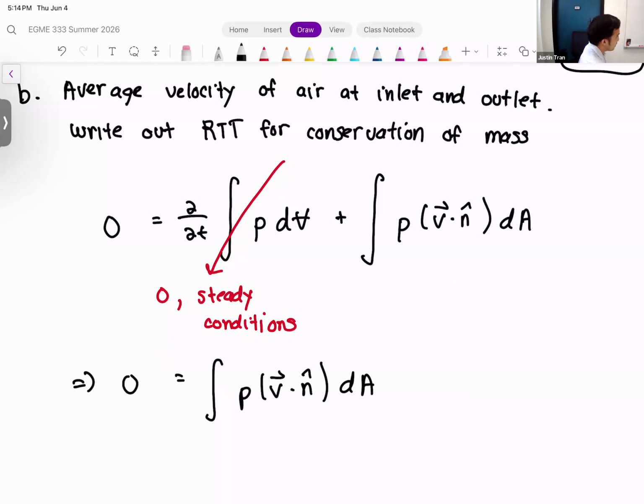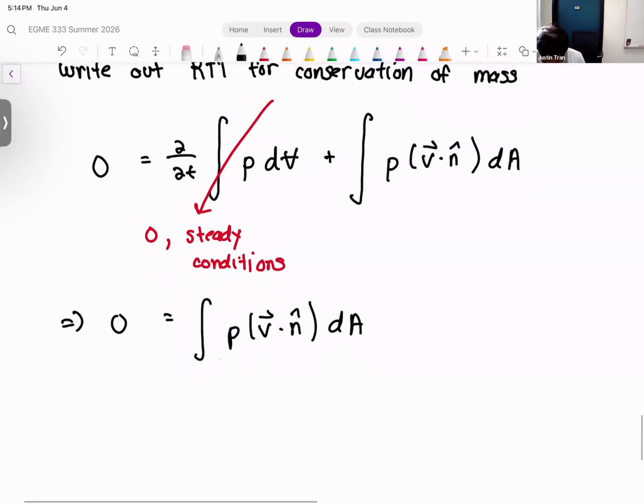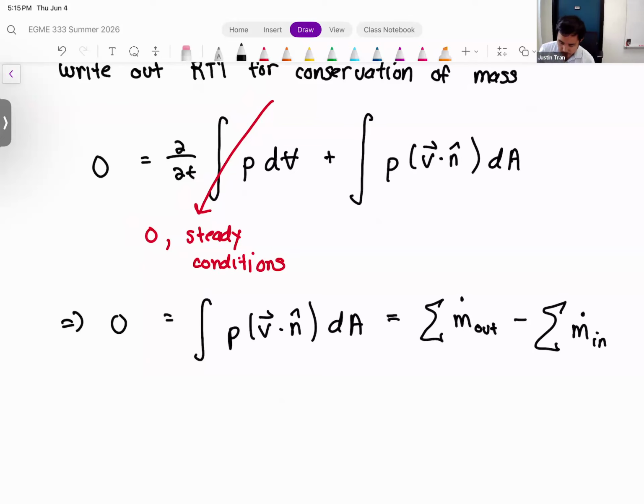Since we're considering average velocity, we can replace this with the form for this integral. Let's put this in a more convenient form that we discussed right before this example. This is equal to the summation of all the mass flow rates at the outlet minus the summation of all the mass flow rates at the inlet.